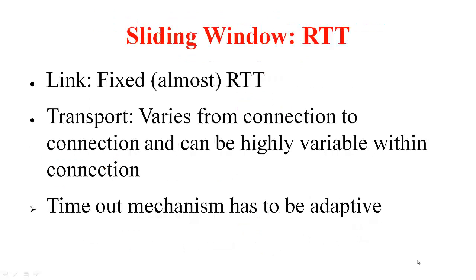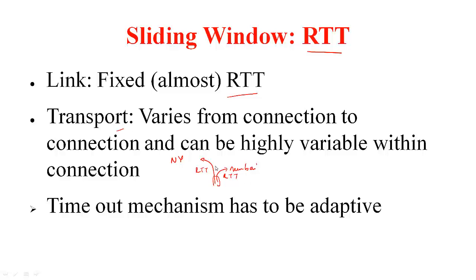Round trip time, RTT, is another challenge. At the link layer, this round trip time is almost constant. There may be some slight variation, but the variation will be very small. Whereas at the transport layer, the round trip time will vary from connection to connection. For example, if I have a connection to some other host within Mumbai and another connection to some other host in New York, the round trip times I'm going to see across these two connections will be different.